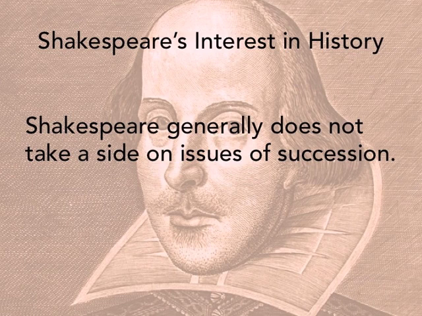Henry VIII had been king early in the 16th century, and when he died, he did have one male heir, but that heir died very young, and as a result, there were questions: could a female take over as ruler of England? And of course, that is what happened when Henry's eldest daughter Mary became queen, and then later his second daughter Elizabeth became queen, and that's the ruler during Shakespeare's own lifetime. So I think Shakespeare really wants to stay out of questions of how succession should work.